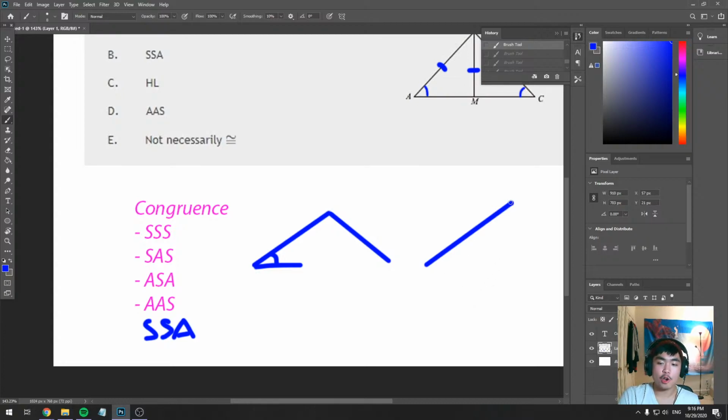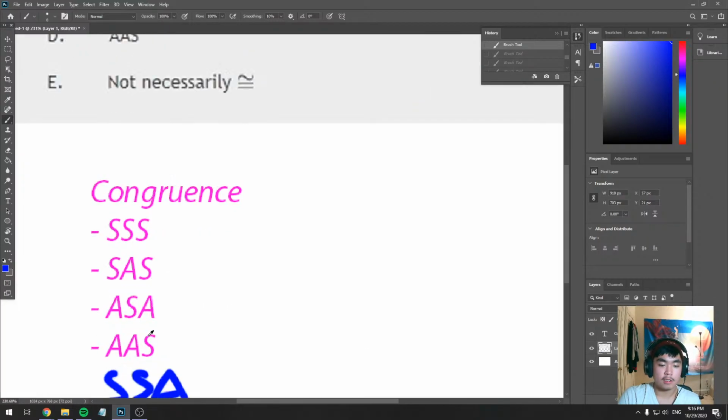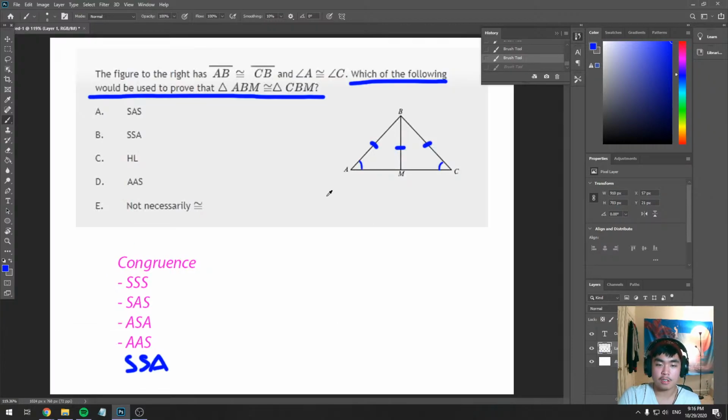Meaning, just because we know that we have 2 S's and an angle, doesn't mean we have the same triangle. Okay? So bottom line, SSA does not work. Remember, we don't want to use this because it spells a naughty word when it's spelled backwards. So we want to stick with the 4 here.